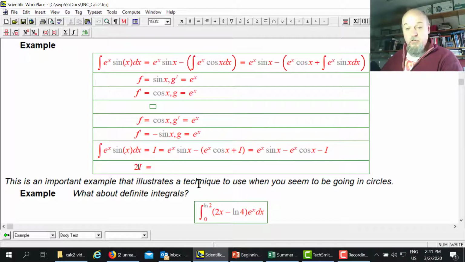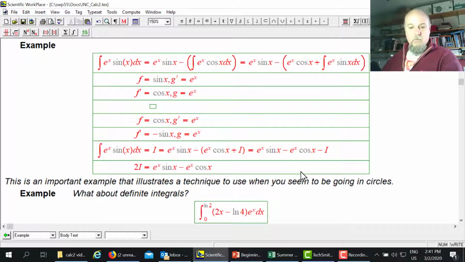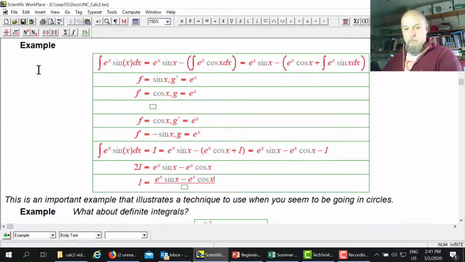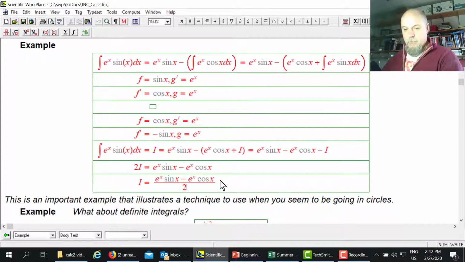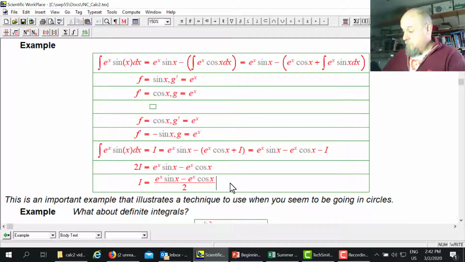It becomes 2I equals, okay, now I just divide both sides by 2. And now I wanted to see what this integral is. It equals I, and now I've got I equals a formula. Tack on a plus C, and I'm done.